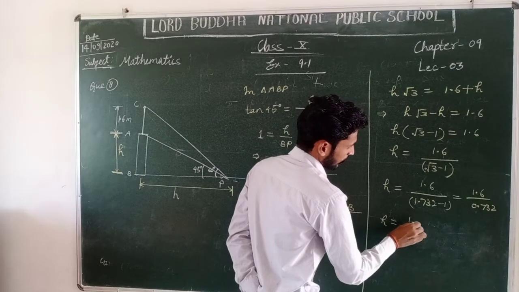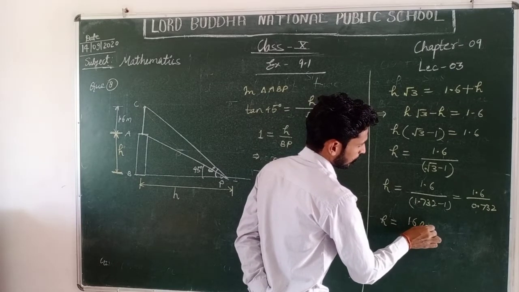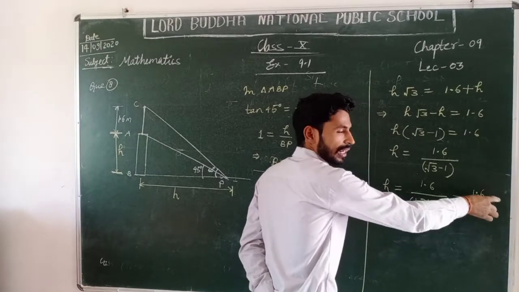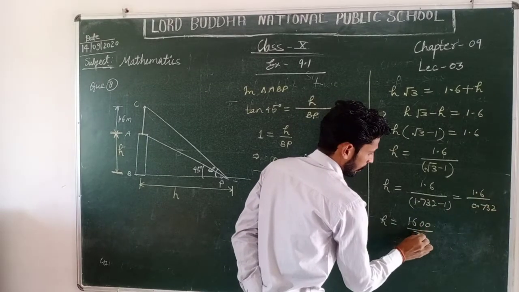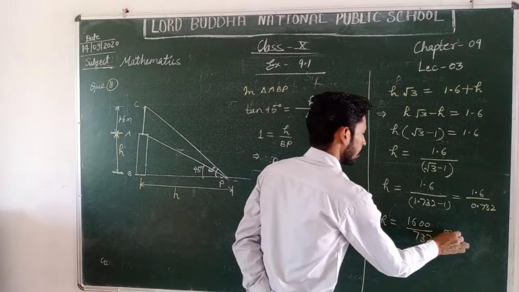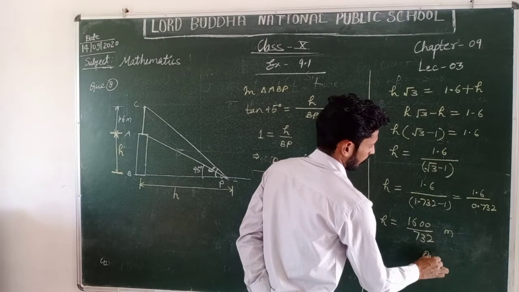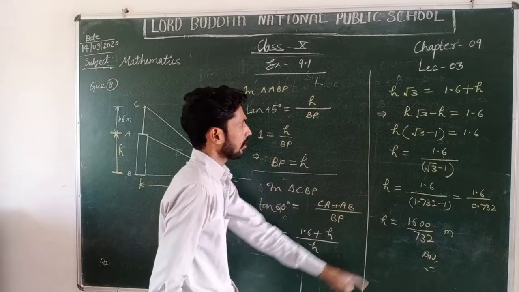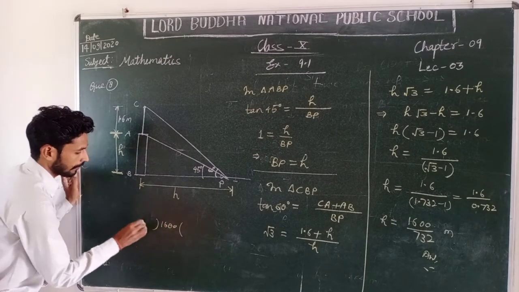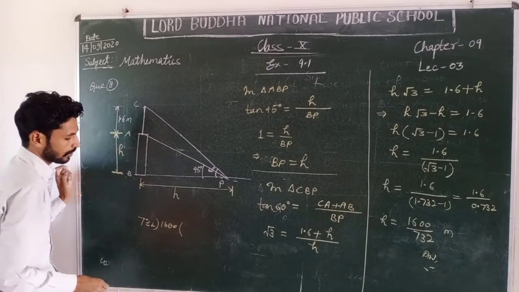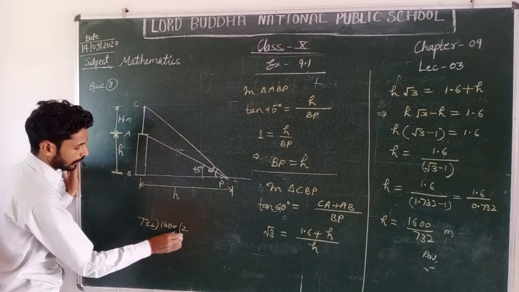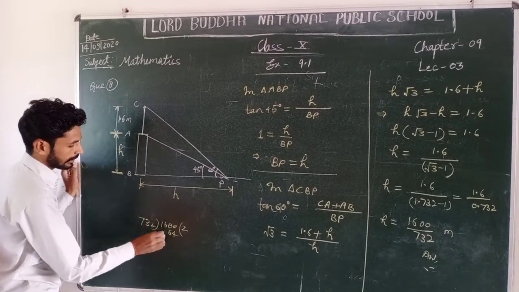So 1600, because we multiplied 1000 in numerator and also denominator, divided by 732. So divide it and find the answer. We can also divide it like 1600 divided by 732. So how many times can we go? 2 times. 2 2s are 4, 2 3s are 6, 2 7s are 14.